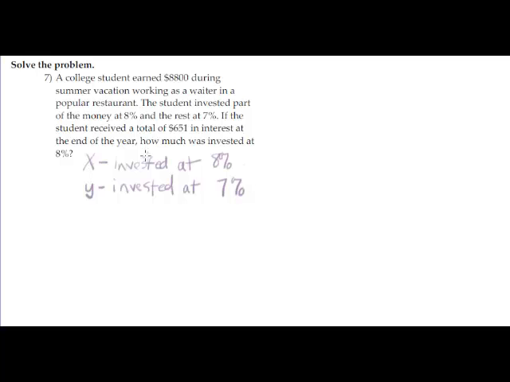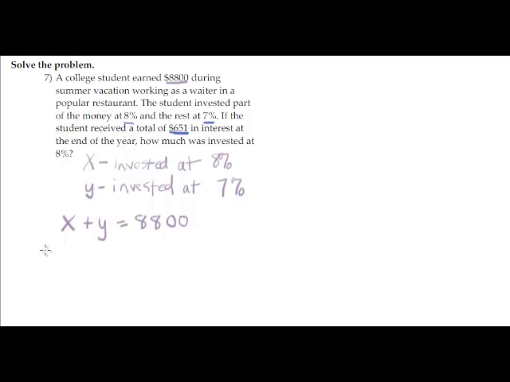So what happens with investments like this is we know that the total that the person is investing is $8,800, which means our two investments, x and y, have to add up to be $8,800. The other equation is going to deal with our interest rates.